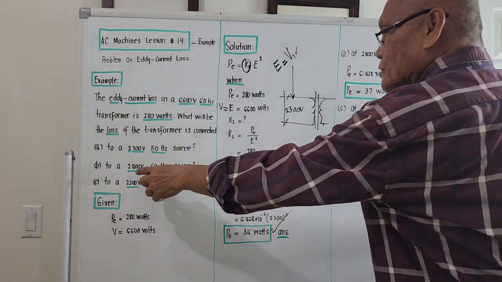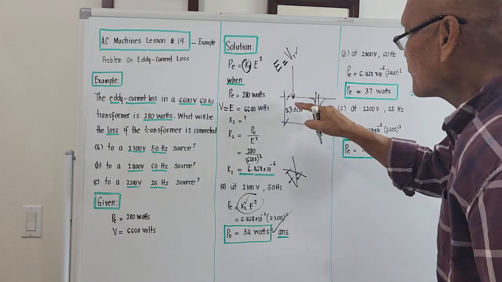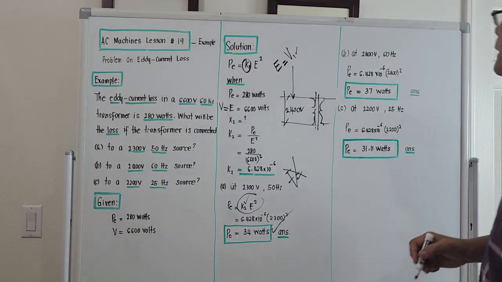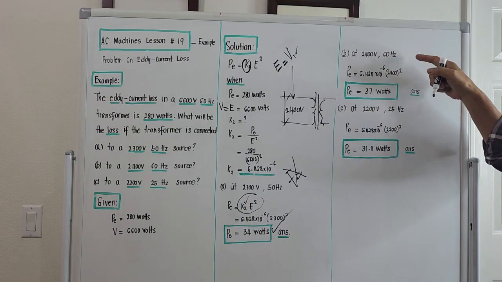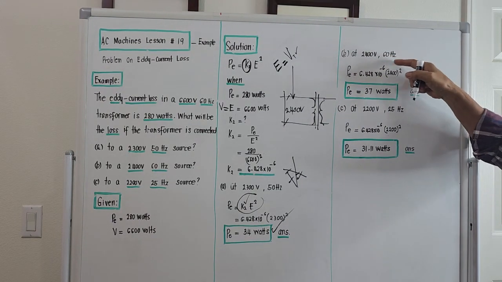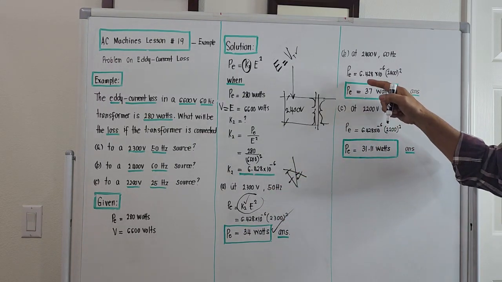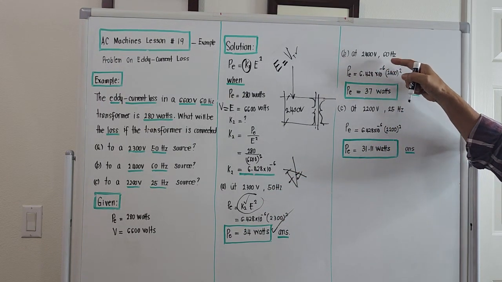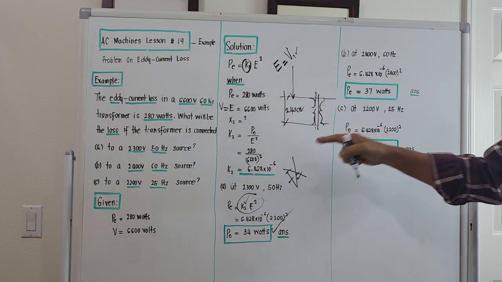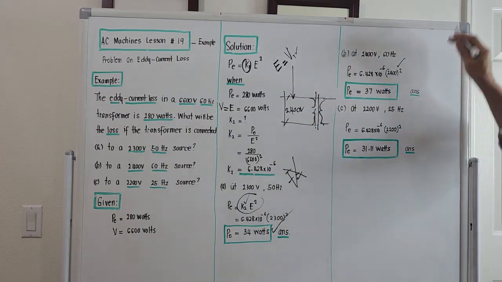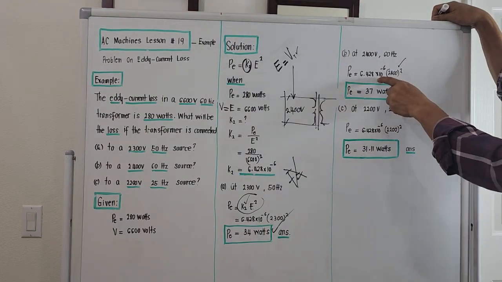Okay, letter B. When the applied voltage is 2400, frequency 60 Hertz, it doesn't matter what the frequency will be. So again, by using the same formula, 6.428 times 10 to the negative 6, the new applied voltage is 2400 now, so this should be 2400 squared. This is 1 over 1 million.